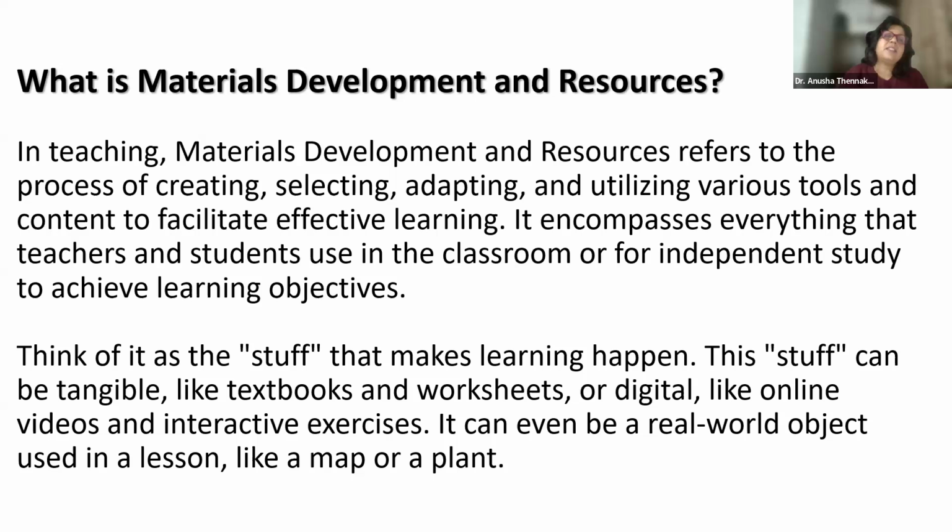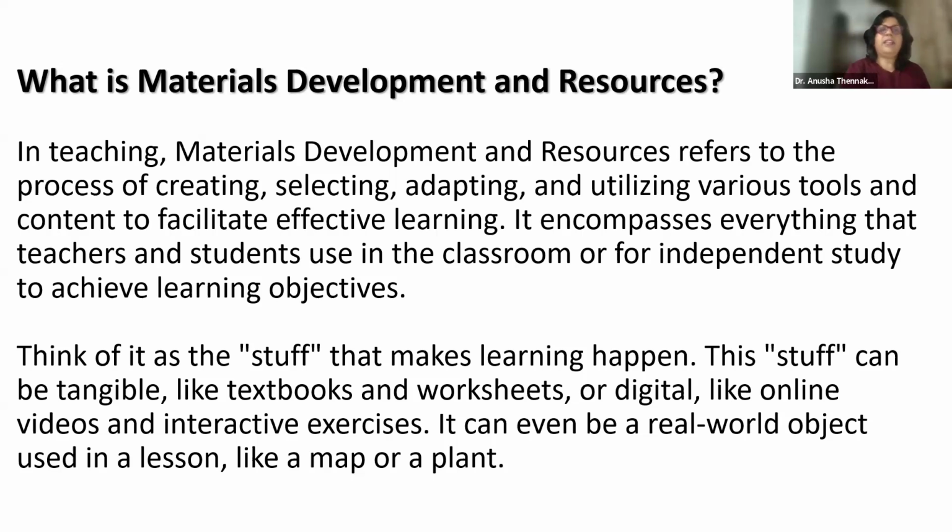So then we'll understand it further. Think of it as the stuff that makes learning happen. This stuff can be tangible. What is the meaning of tangible? It should be something that we can touch, like textbooks and worksheets.